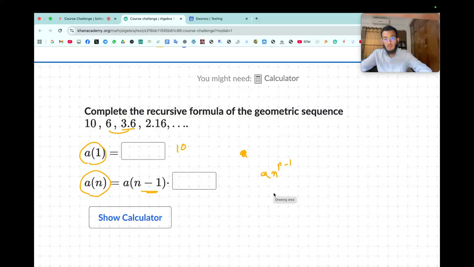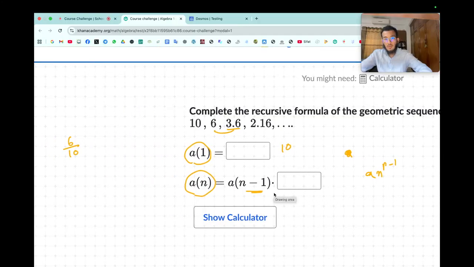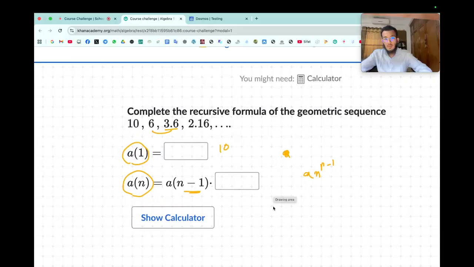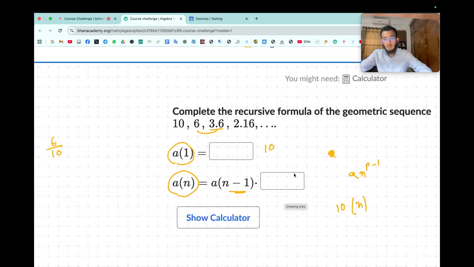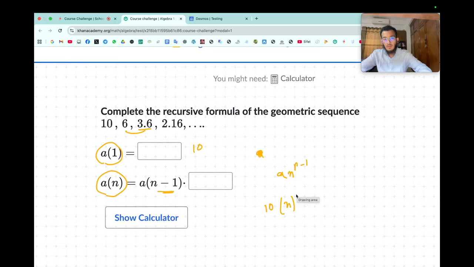Okay, so the common ratio is 0.6. First term is 10, and the nth term is n, and then r to the power n minus 1, the common ratio, which is 0.6 minus 1.